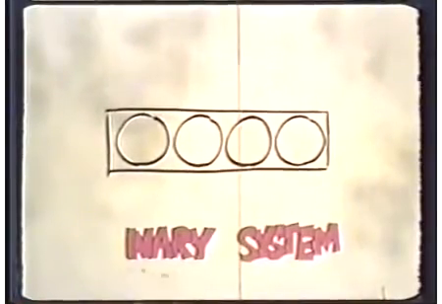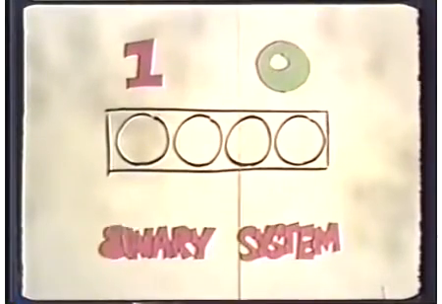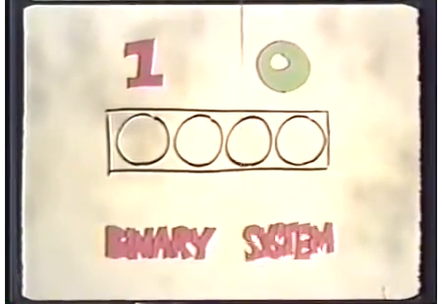In this system, any number can be expressed with the digits 1 and 0. They are called binary digits, or bits.